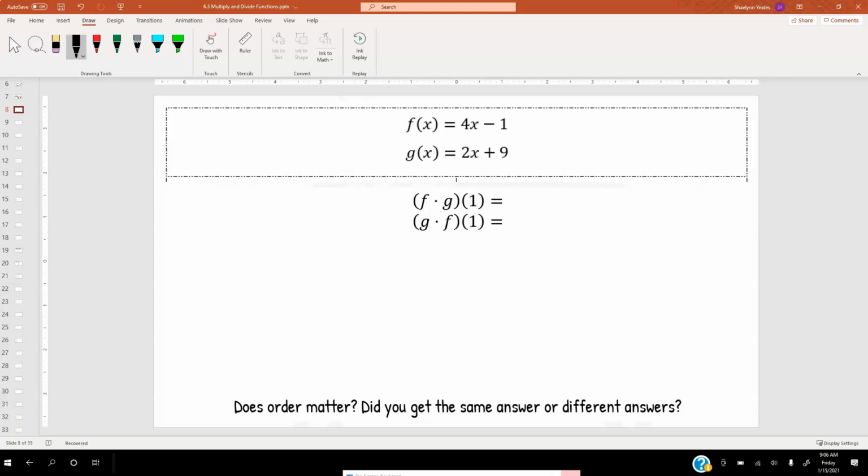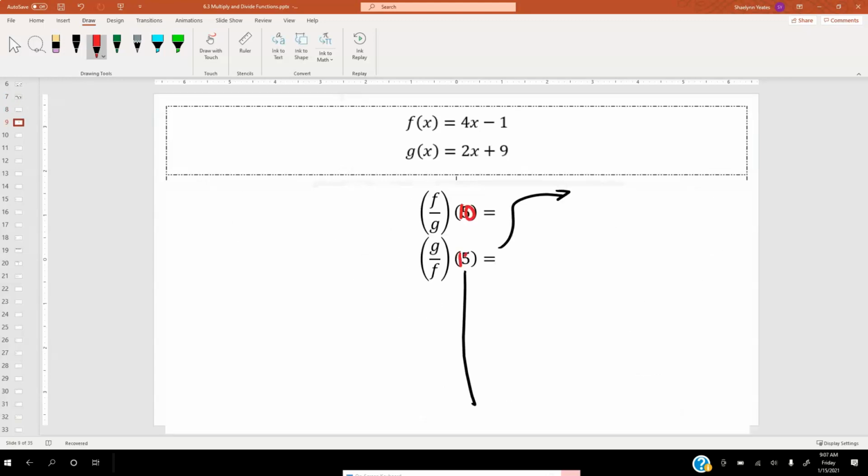So let's try it again. We already did that one. Alright, I'm aware on this problem that it was originally 5, but please change it to 10. Just trust me. Alright, so over here we're going to find f of 10 first. So this is going to be 4 times 10 minus 1, which is 40 minus 1, which is 39.